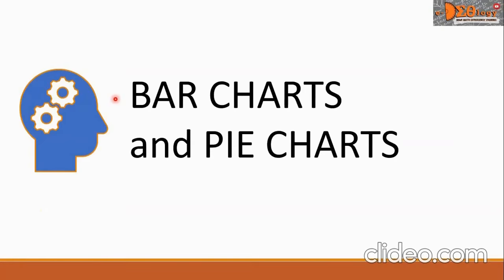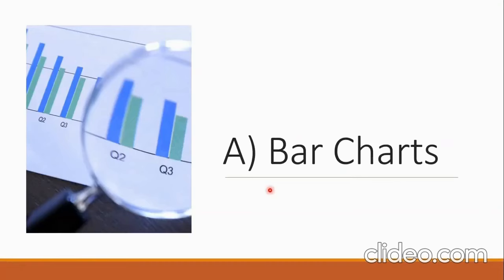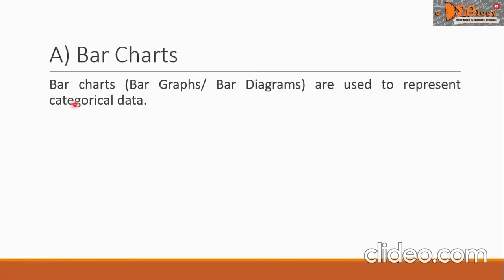Hi everyone. Today we're going to study bar charts and pie charts. Let's begin with bar charts. Bar charts, or sometimes called bar graphs or bar diagrams, are used to represent categorical data.